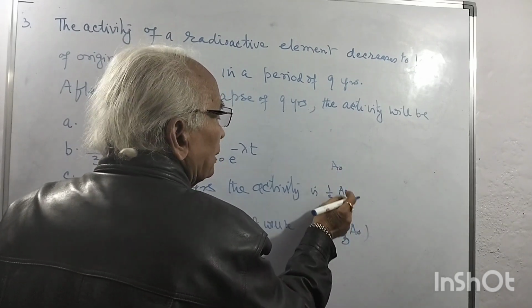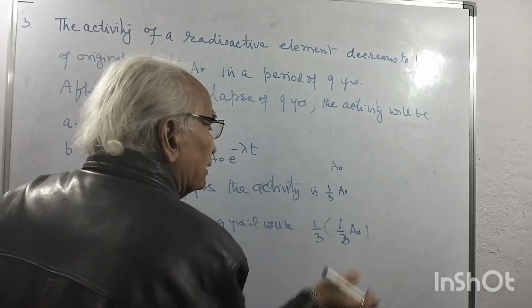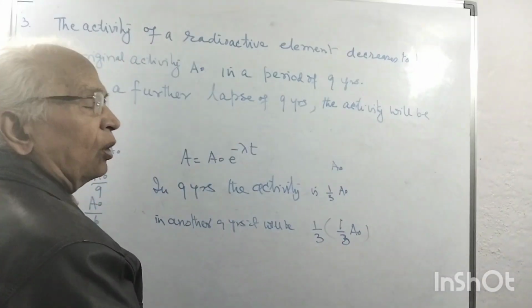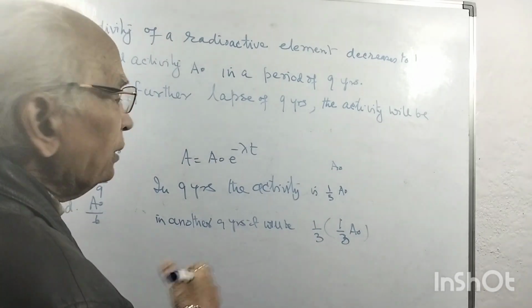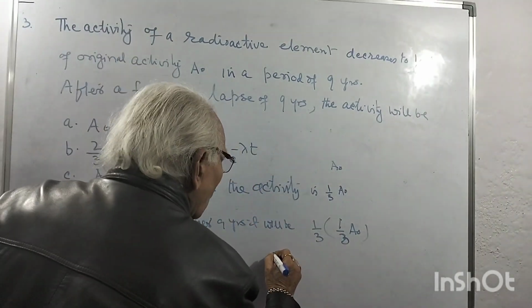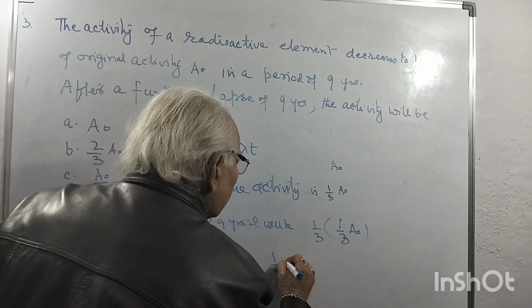In 9 years it becomes 1/3 of A naught. Further 9 years it will be 1/3 of this. Obvious, there is no need of any calculation. So it will be 1 by 9 A naught.